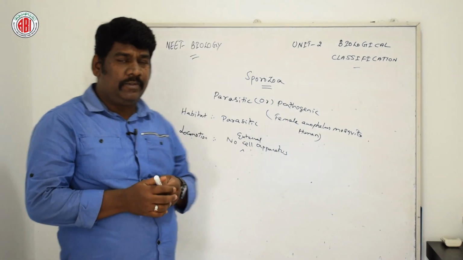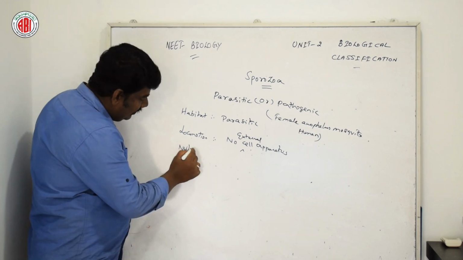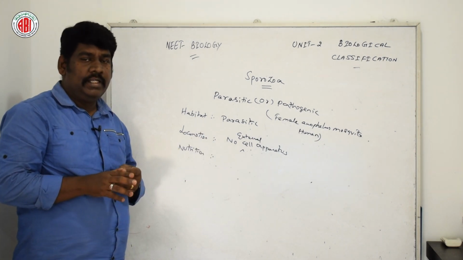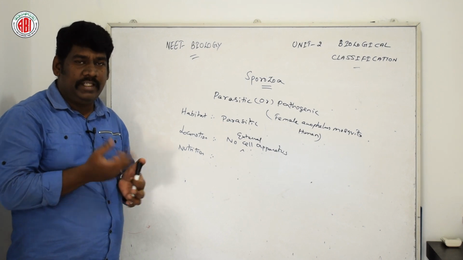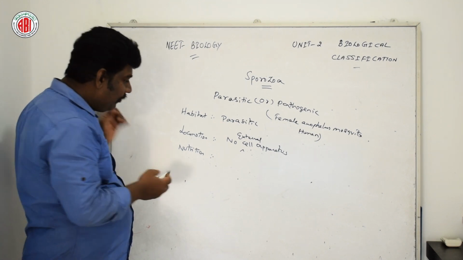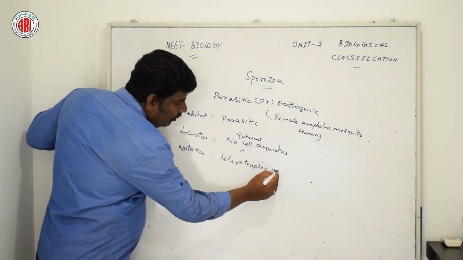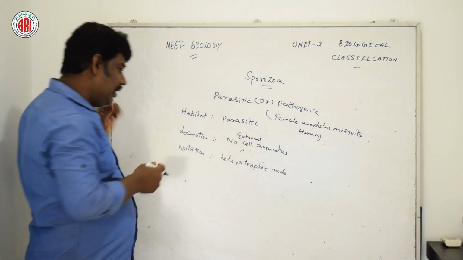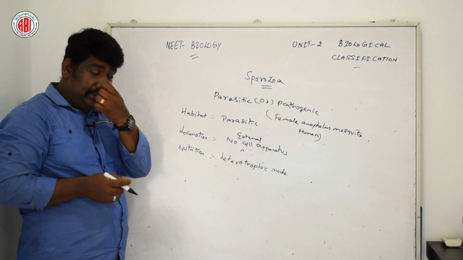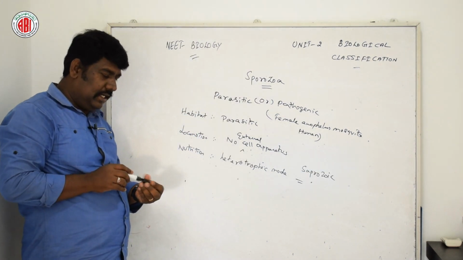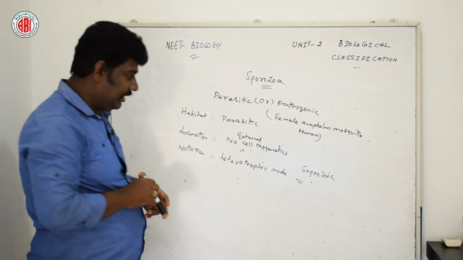Next, talking about nutrition. Since it shows a pathogenic mode of life, the organism is involved in a heterotrophic mode of nutrition, or holozoic or saprozoic mode of nutrition.